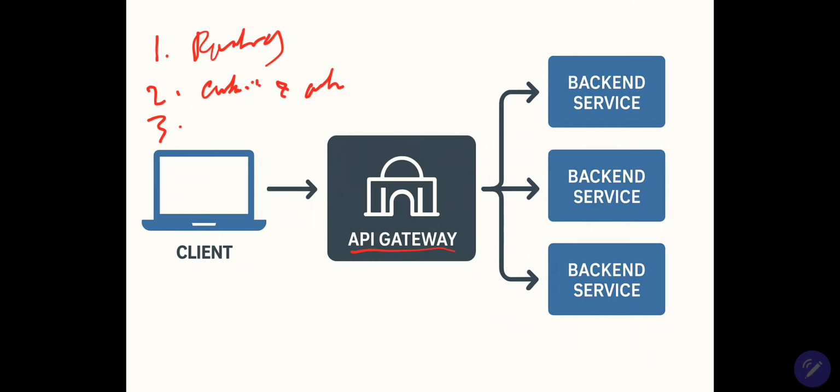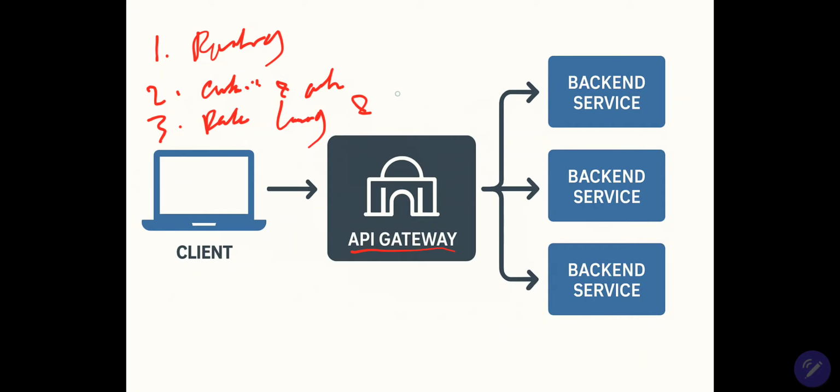Number three, the main function of API gateway is rate limiting and throttling. It means limiting the number of requests, so the server will not overload.